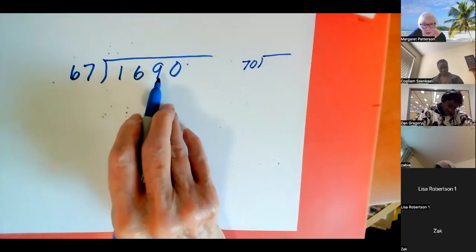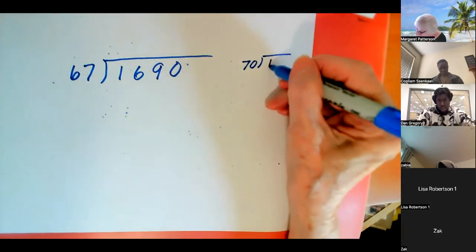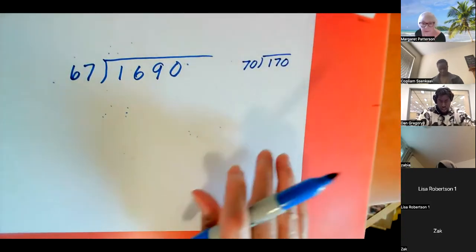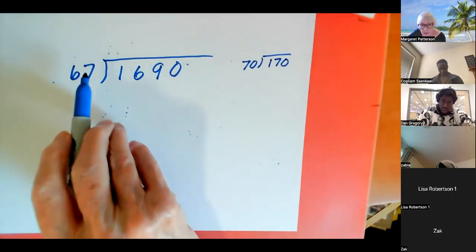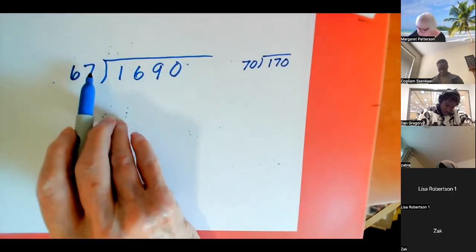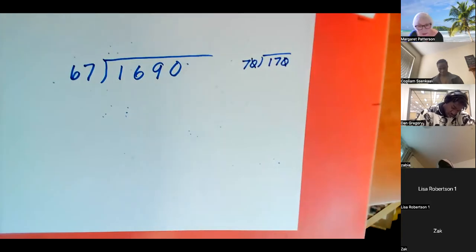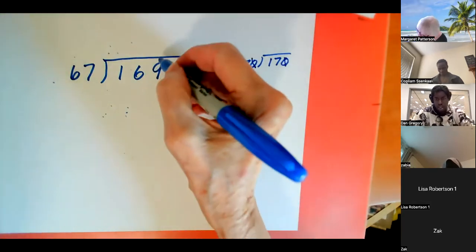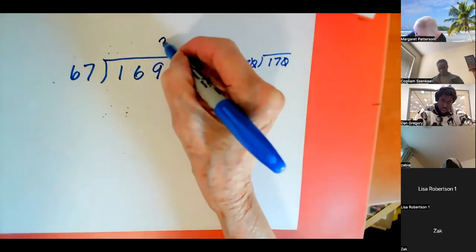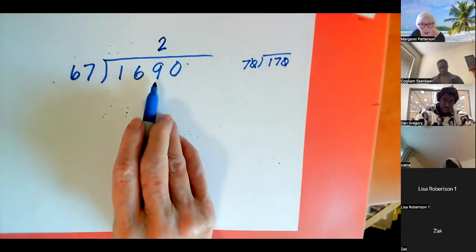This is 169, and I'm going to think of this as 170. See, I'm doing a little rounding in my head. So it's like 7 into 17. How many times would it go? 2. And so it's got to go right here above the 169.